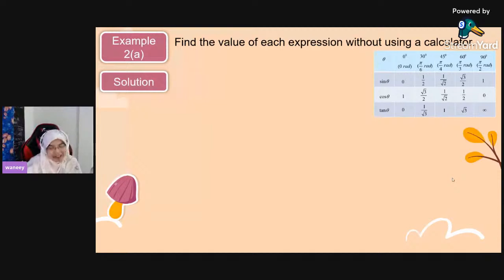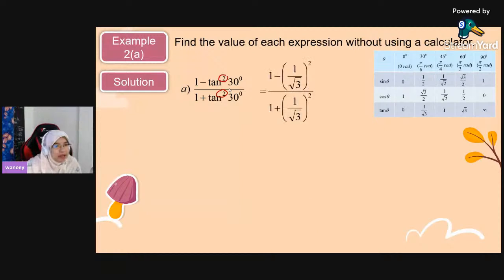Okay, so now the first one, A. 1 minus tangent square 30 degree over 1 plus tangent square 30 degree. So we got a square over here, so we can actually take out the square first. So we will have 1 minus tangent 30 degree, square, over 1 plus tangent 30 degree, square.